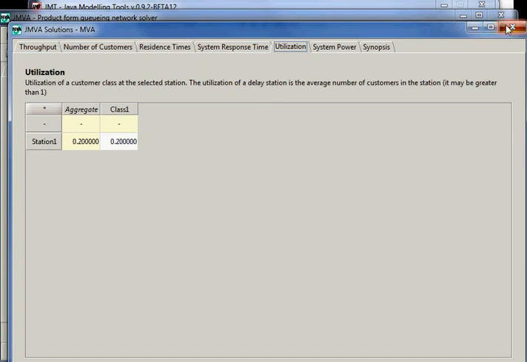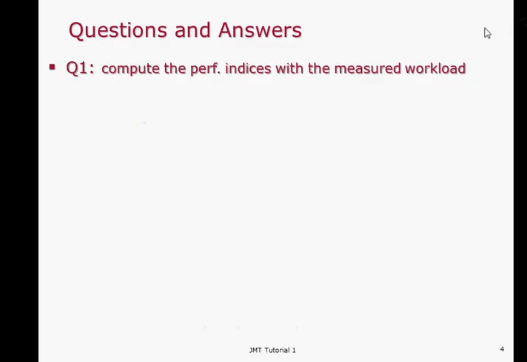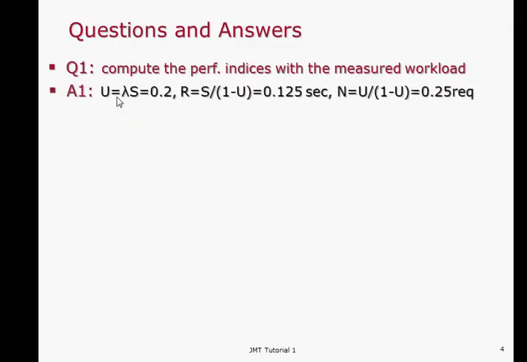We may check these results because analytically it's simple to obtain them, and you may see that in this case we have 20%, 125, and 0.25 requests in the station. Those coincide with the ones provided by the model.